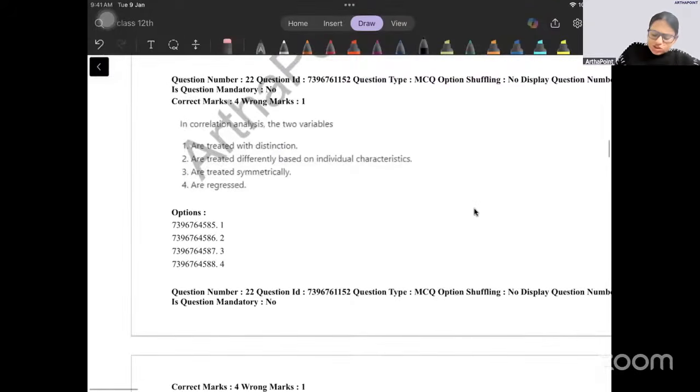In correlation analysis, the two variables are treated with distinction, are treated differently based on individual characteristic, are treated symmetrically, or are regressed.